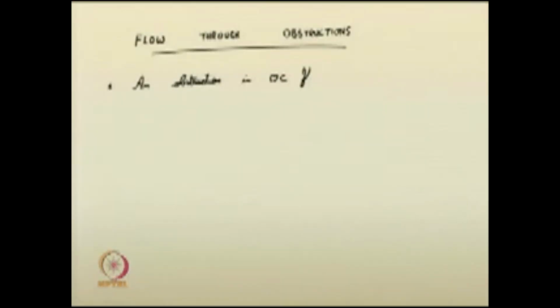Next, we will discuss flow through obstructions. What is meant by an obstruction? An obstruction in open channel flow is similar to a constriction. You have earlier seen what is meant by constriction.